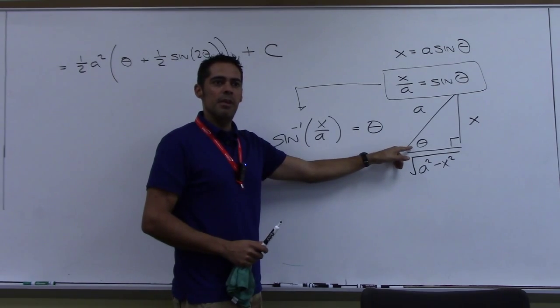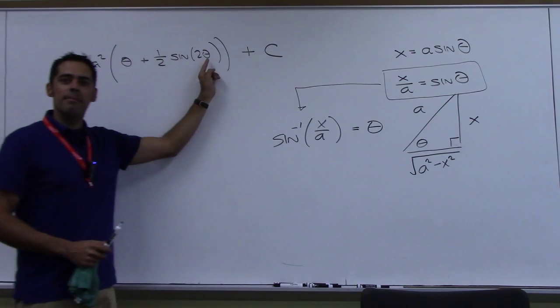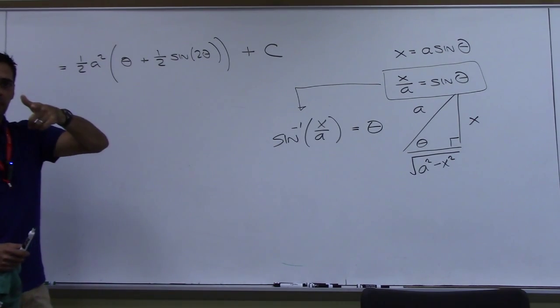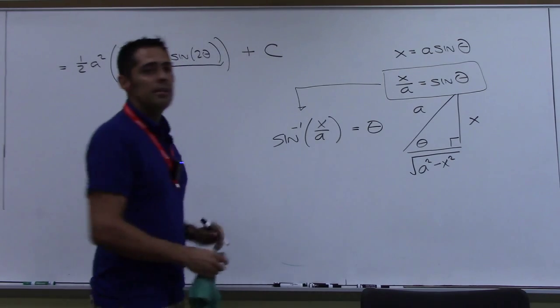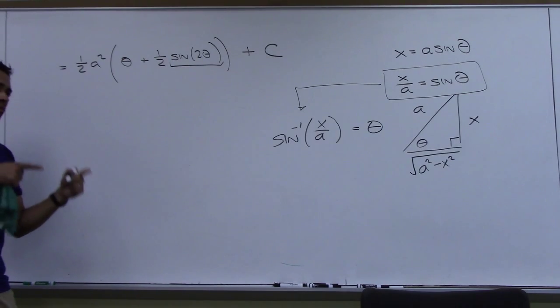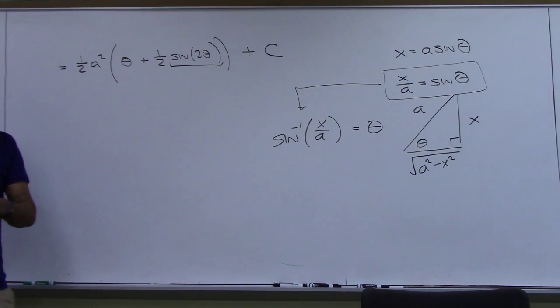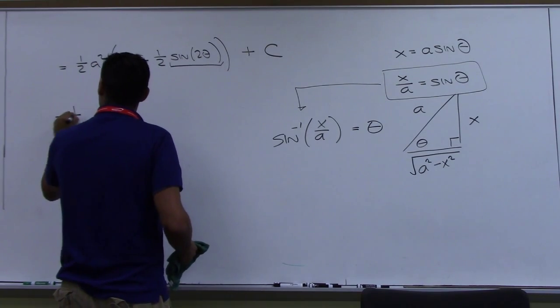All we have is information about theta, right? And sine of theta. So the 2 theta screws everything up. There you go. So we're just going to use the identity from pre-cal that allows us to take that formula, sine 2 theta, and turn it into 2 sine theta cosine theta. It's called the double angle formula. So I'll rewrite everything.